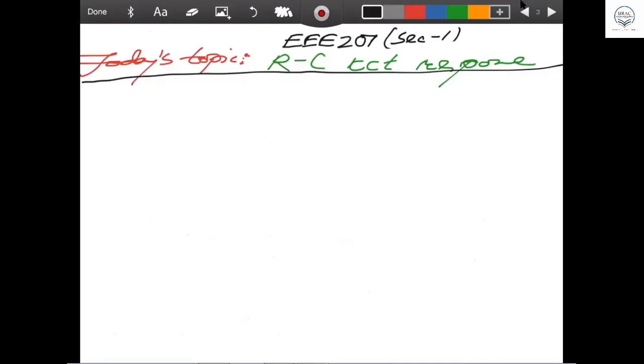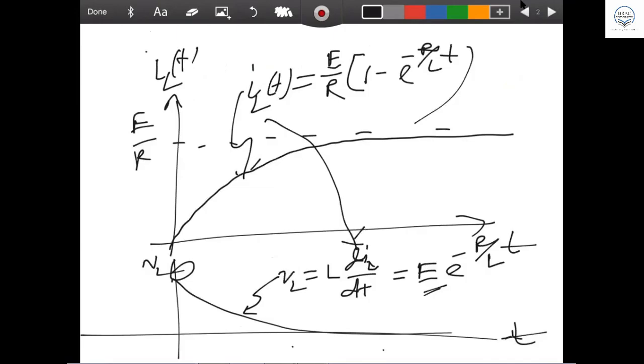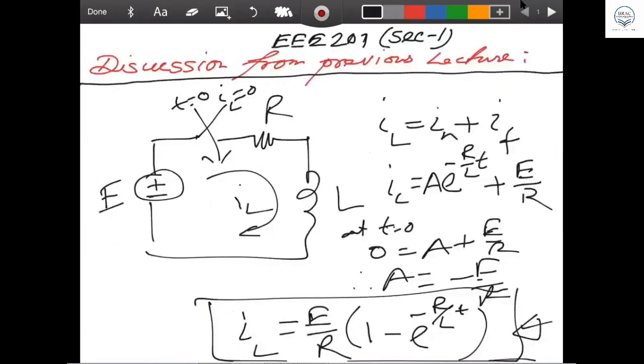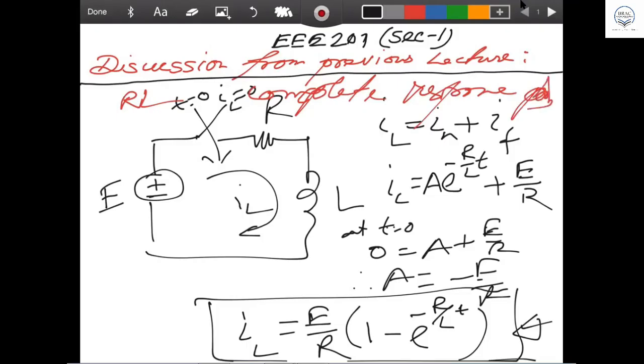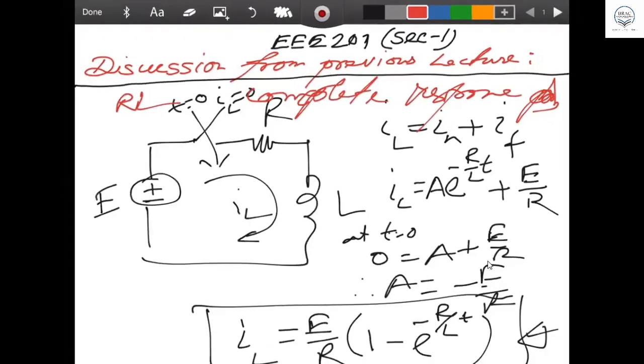We are going to go on after finishing this problem, the RL complete response problem. That's what we are going to do today, since the class started at 9:30. Okay, now it is almost 9:30.